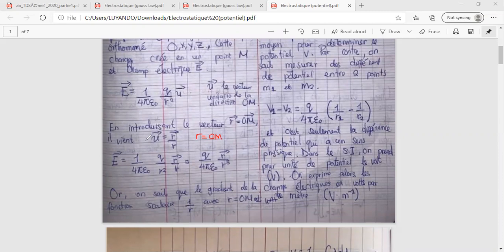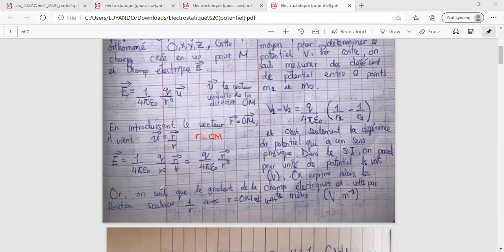So if our electric field is equal to this, where there's U, we simply replace it with our actual unit vector. We know that U is a unit vector in the direction of OM. So where there's U, we replace it with vector r over r. And then we're going to have our electric field equal to this expression right here.